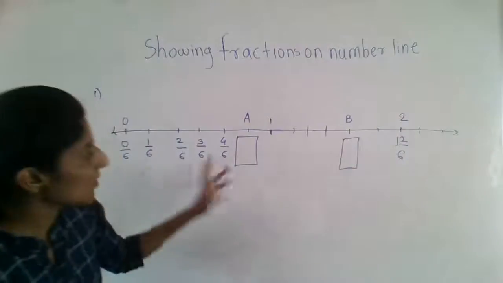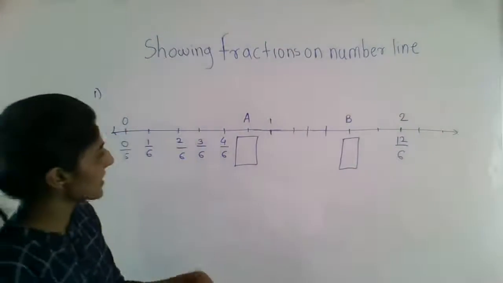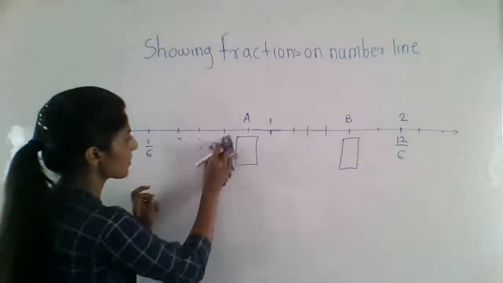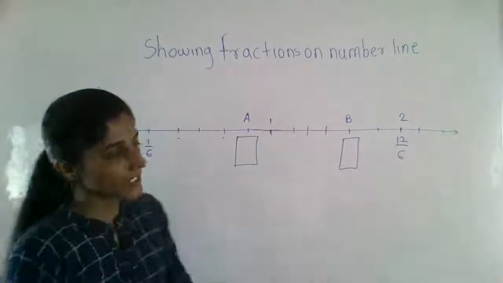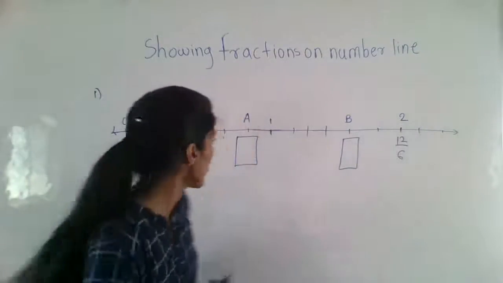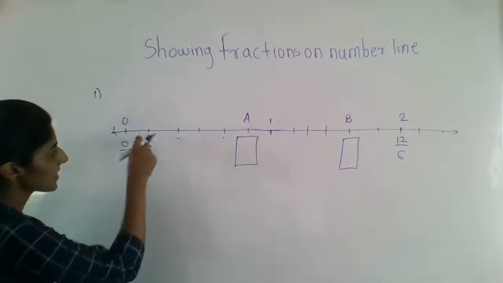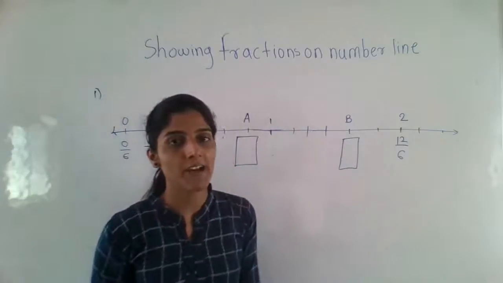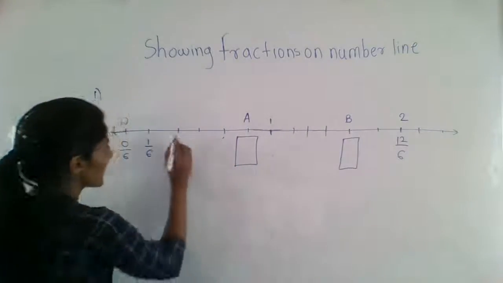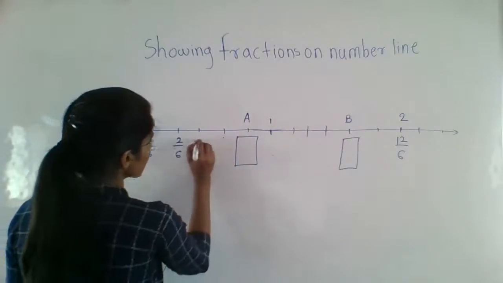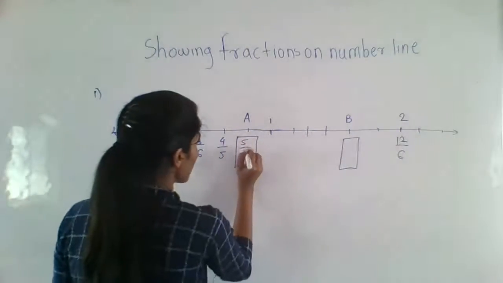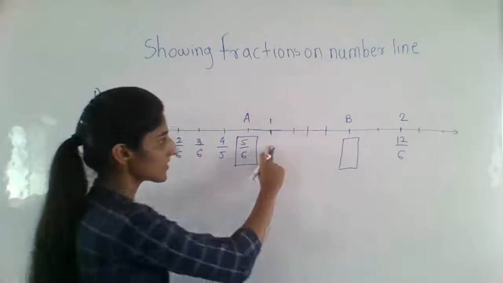Now we have to find the remaining numbers. Some numbers are given, and these numbers are not given. Now we have to find out these numbers. See, 0/6 and 1/6 are given, which means the first unit is divided into how many parts? 6 parts. So write 2/6, 3/6, 4/6, here 5/6, and 6/6 is 1.